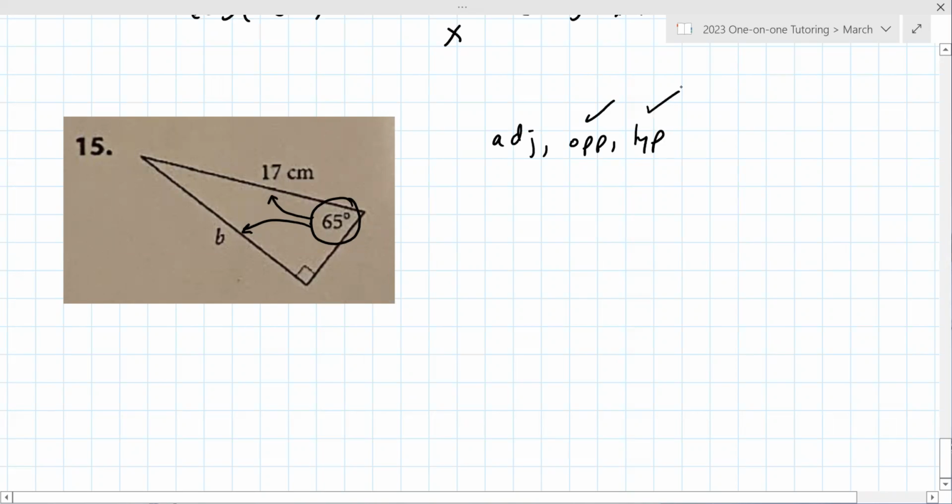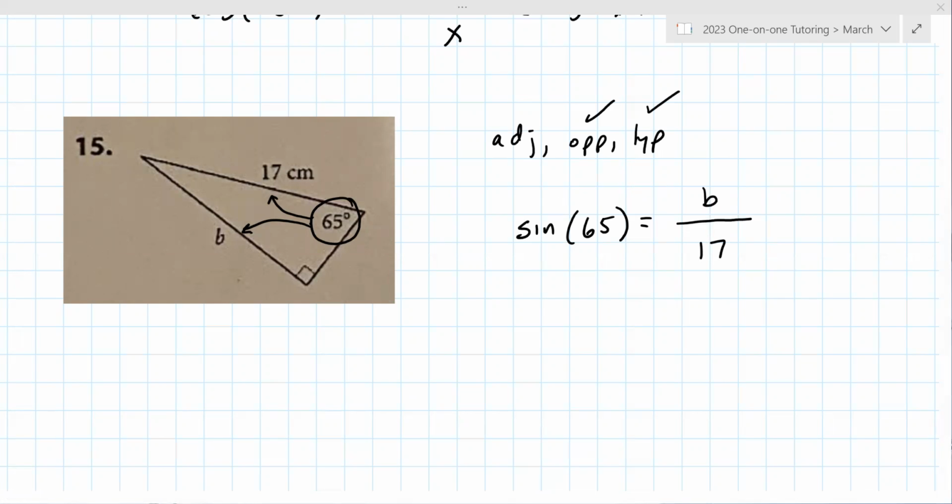Now, which of those three trig functions, sine, cosine, or tangent, uses opposite and hypotenuse? Opposite and hypotenuse would be sin. Okay, so the sine of 65 equals what over what in this case? It would equal b over 17. Okay, now does this look like one we've just learned how to solve?